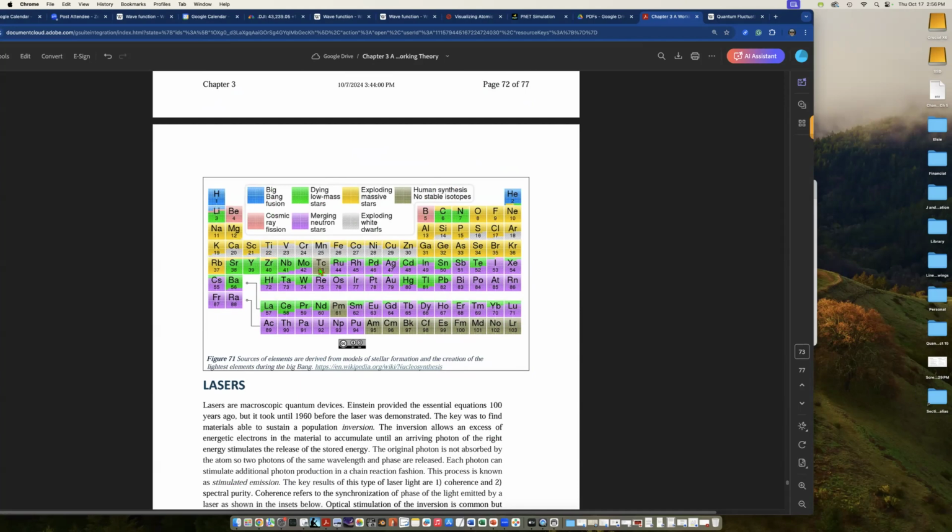If you do astrophysics and look at galaxies, you can find helium, lithium, beryllium, and so forth, and compare the amount of those elements that we see in the universe with the production rate that is predicted by quantum mechanics. And the agreement's pretty good.